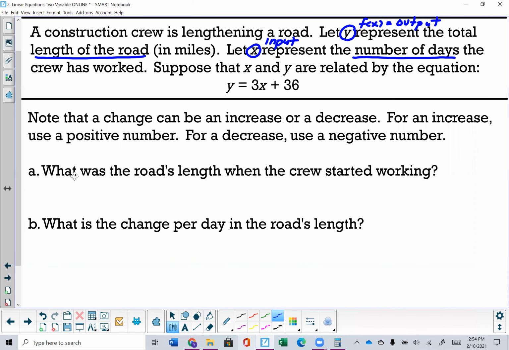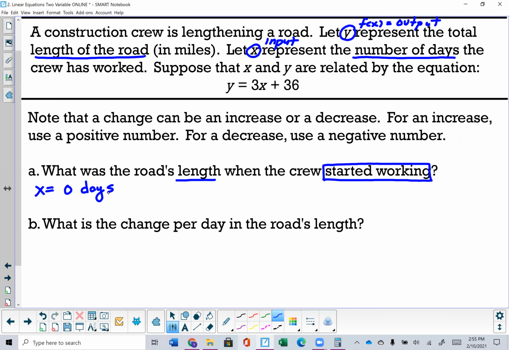Part A says, what was the road's length when the crew started working? All right, so we're asked the length, and we're asked at a time when the crew started working. So at the point where the crew started working, time was 0. Or in other words, we're saying x equaled 0 days.